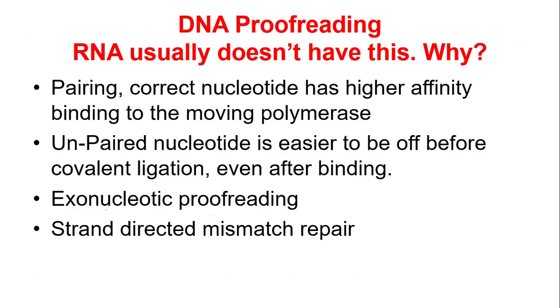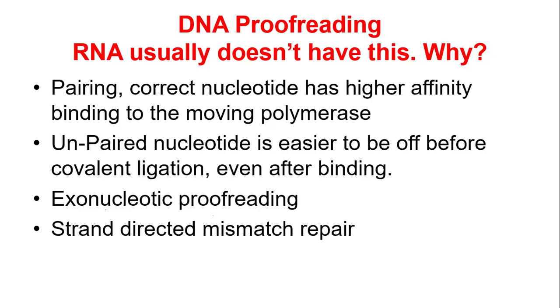DNA proofreading usually doesn't have what? RNA usually doesn't have this. Yes, DNA does. In fact, that is why nature deliberately removed the second OH group on the sugar so that it doesn't even introduce any anomaly.